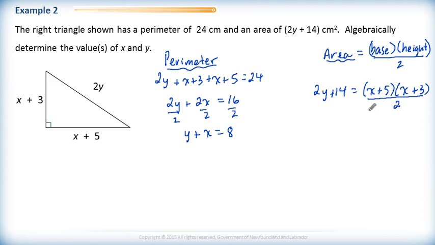Now to make things a little easier here, rather than divide this side by 2, I'm going to bring this 2 over and multiply it by the 2y plus 14. So I've got 2 times 2y plus 14 equals x plus 5 times x plus 3.